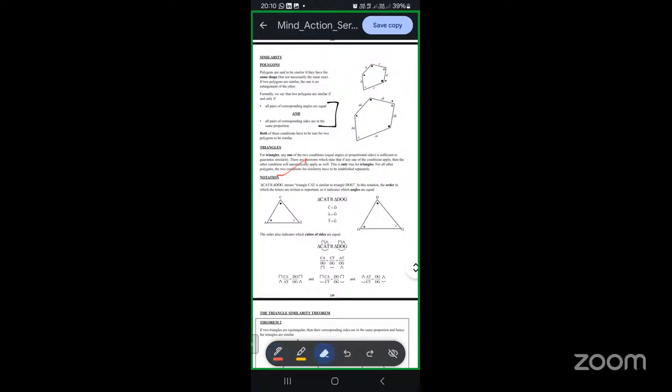Let me just write that here. Triangle CAT is similar to triangle DOG, my Spotty here. So how are we going to cook our ratios?